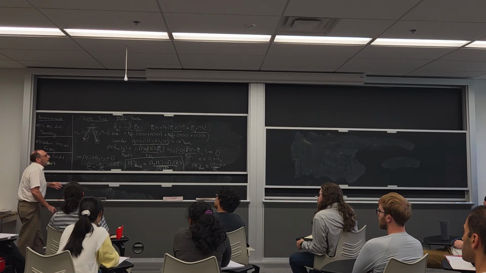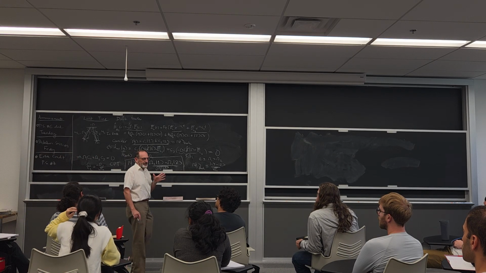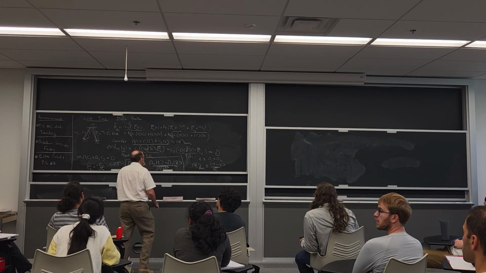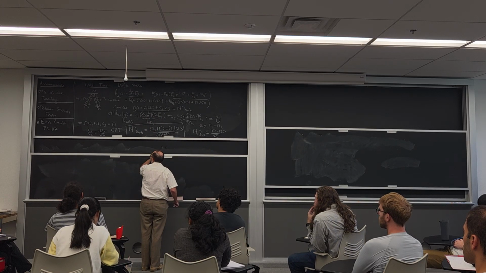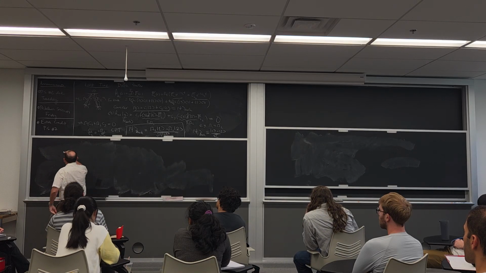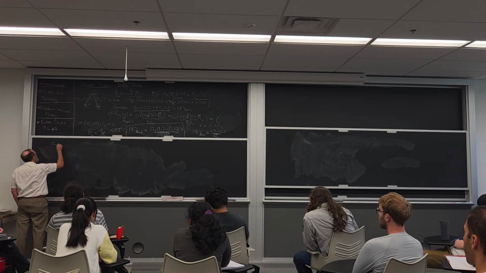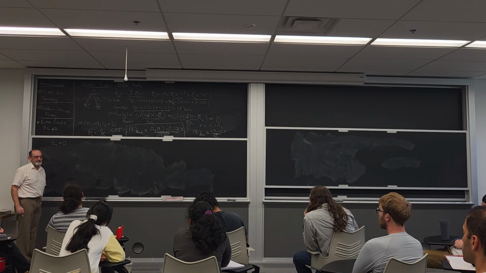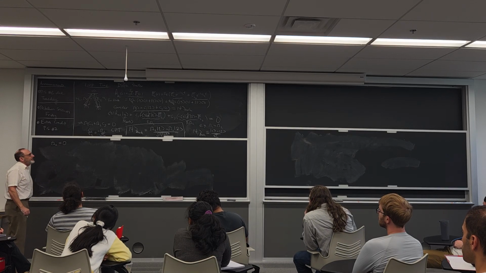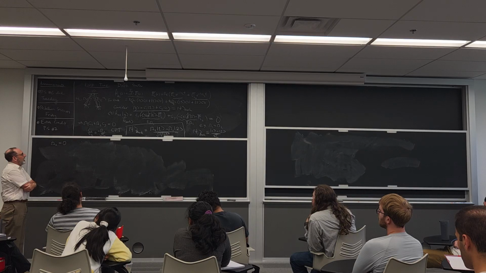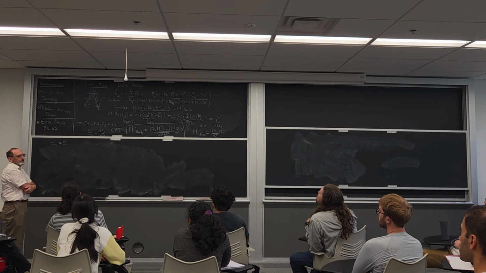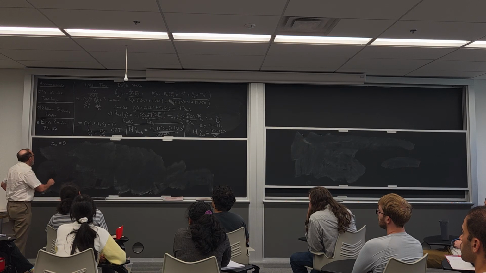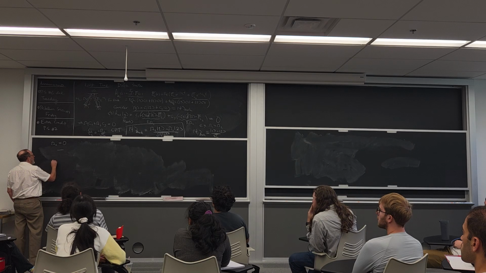Well, I can give you a simple example, and we'll come back to this. Let's suppose that omega 2 is 0. What's the dark state in that case? It's this level 2, right? And that's kind of obvious.